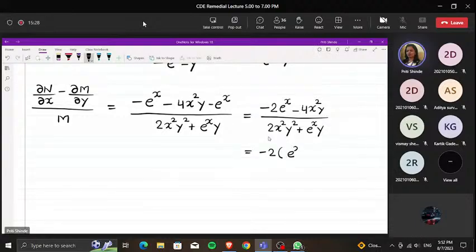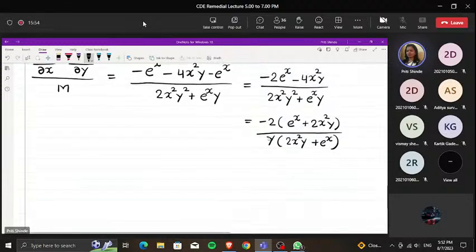So the remaining part is e raised to x plus 2x square y. From the denominator, you can take y common, so the remaining part is 2x square y plus e raised to x. So e raised to x plus 2x square y in the numerator divided by 2x square y plus e raised to x; 1 plus 2 is the same as 2 plus 1. So after simplifying, we get minus 2 by y, a function of y only.